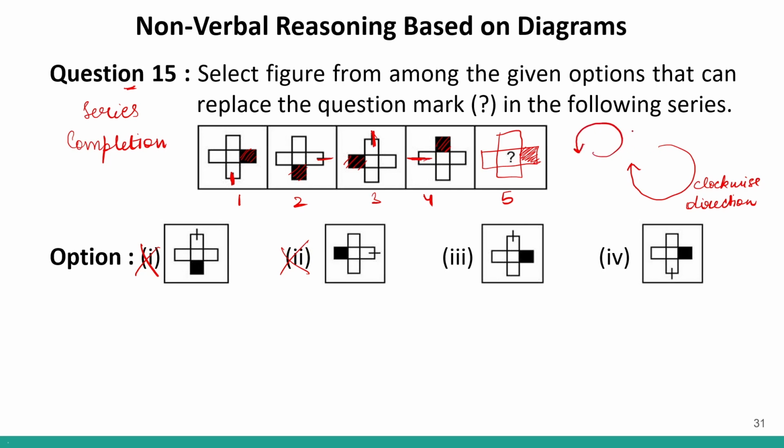Correct? And this is the anti-clockwise direction. So this dash is going in an anti-clockwise direction. So from here, the anti-clockwise direction will be over here. So our figure will look something like this. And this is given in option number 4. So option number 4 will be your correct answer to this question.